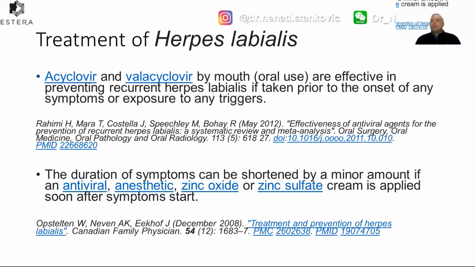When we ask a patient whether they have something like that, we should give them aciclovir or valacyclovir by oral route, because that is effective in preventing recurrent herpes labialis if taken prior to the onset of any symptoms or exposure to any triggers.